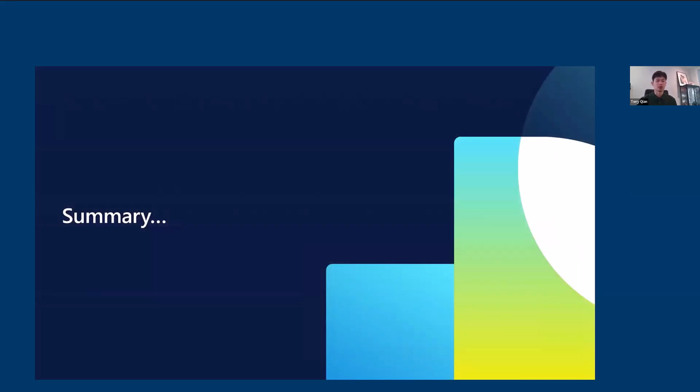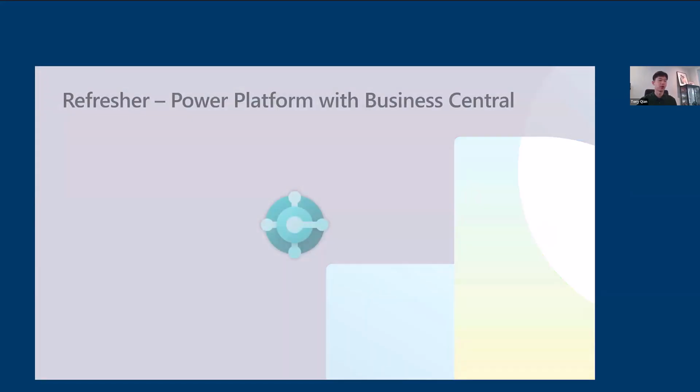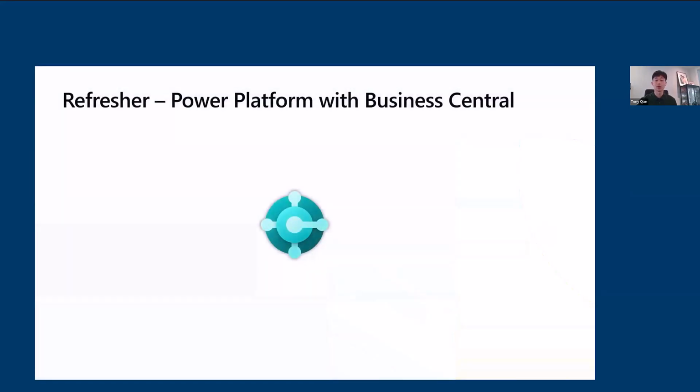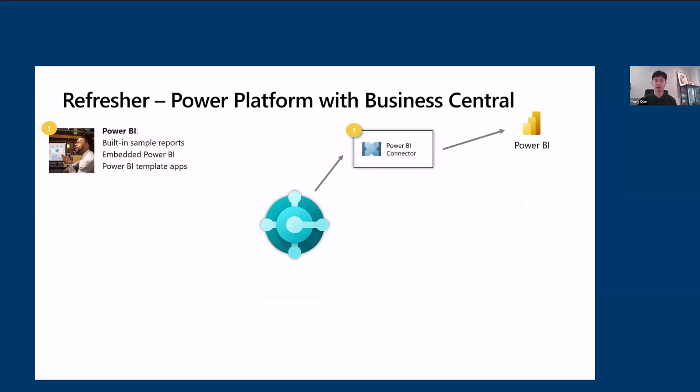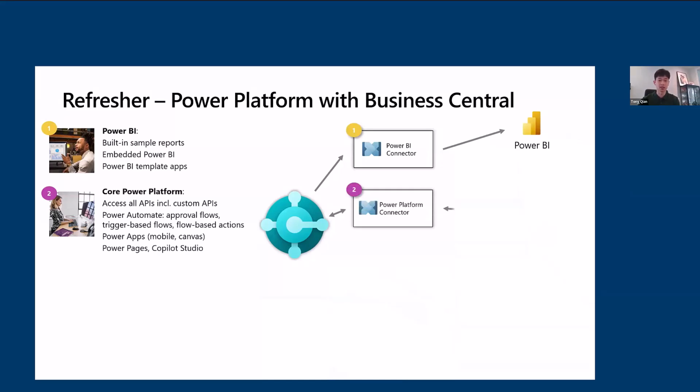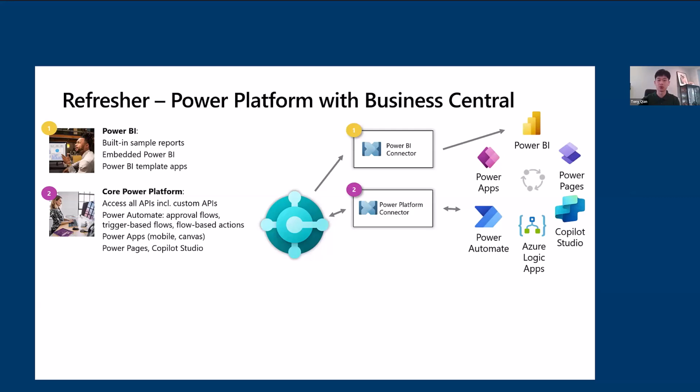All right, so to sum this up, quick refresher: nowadays, Business Central can interact with a variety of different Power Platform products. Power BI for reporting purposes, Power Platform connectors for you to interact with all other Power Platform products, Power Apps for business applications, where mobile phone, tablet, and browsers can all host Power Apps.